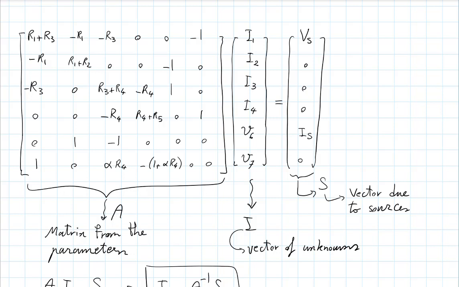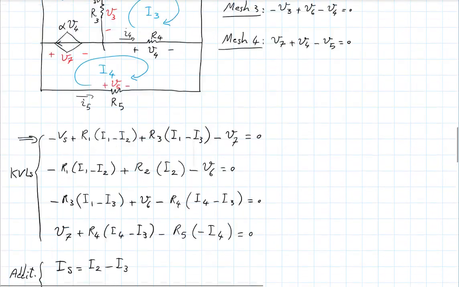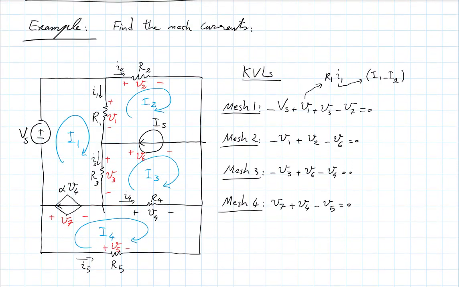If you look at this matrix, do you observe any pattern? Let's look at the diagonal elements. On the first row, first column, which is the coefficient that multiplies I1 in the first equation, I have R1 plus R3. R1 and R3 happen to be the resistors that are part of mesh 1.